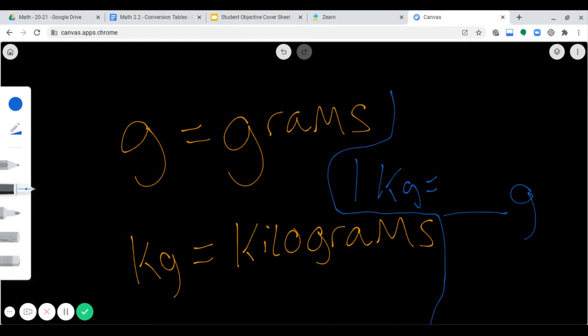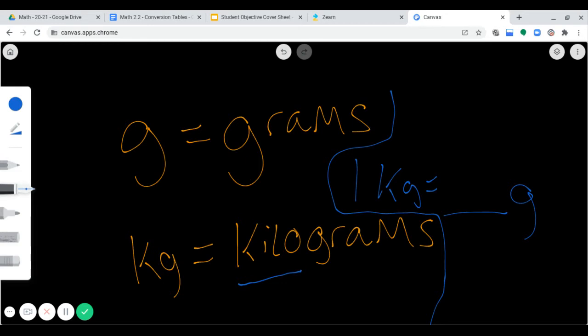Okay, now if we think back to the previous lesson, we were dealing with meters and kilometers. And notice we have this prefix kilo that shows up again, just like it did with kilometers. Do you remember how many meters it took to make 1 kilometer?